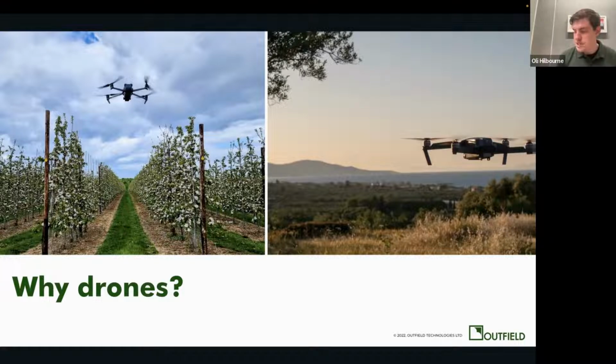The answer for that is, I guess, first of all, that drone technology really has matured in the last, even in the last 6-7 years since I've been running outfield. We've seen a huge increase in the maturity of these systems. Your modern drone systems will fly for 30 minutes on a single battery. They've got a very high resolution 20 megapixel, 40 megapixel camera strapped to the front of them.